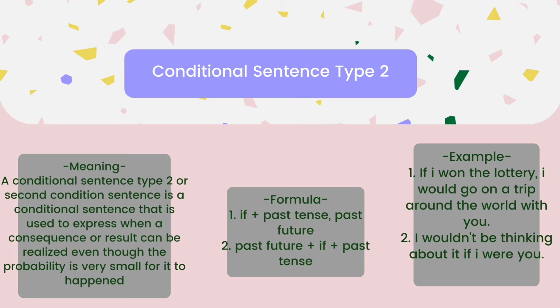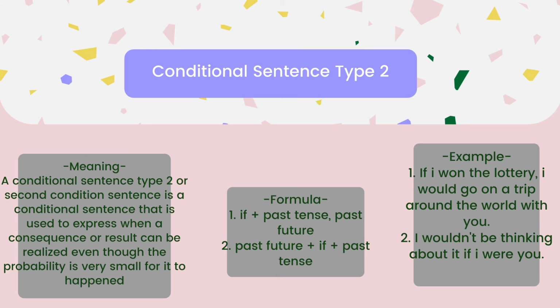For example, if I won the lottery, I would go on a trip around the world with you. The sentence above means that he will take his friend around the world if he wins the lottery, but there is a very small chance that the speaker will win the lottery.